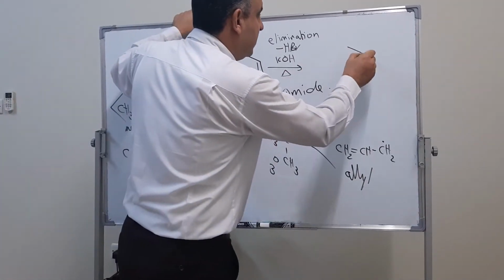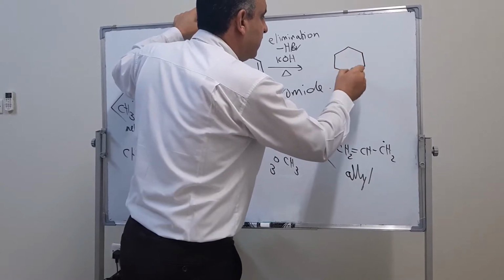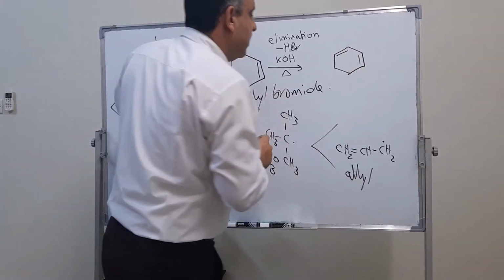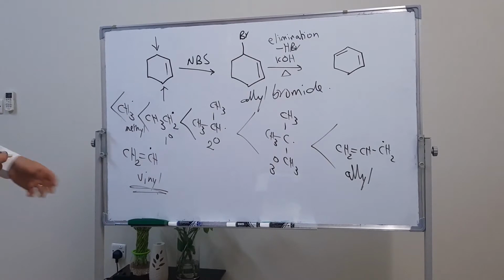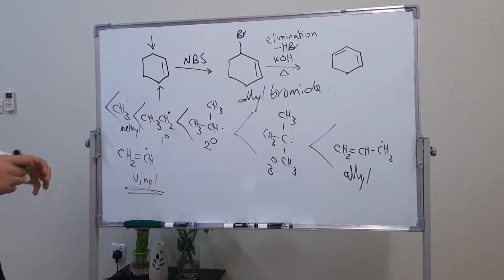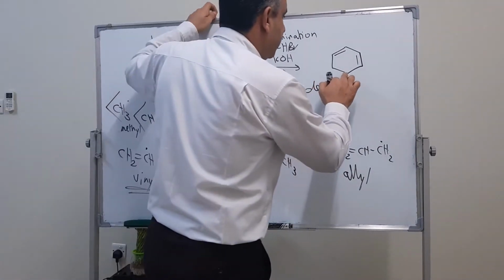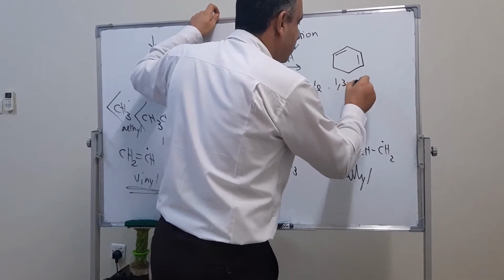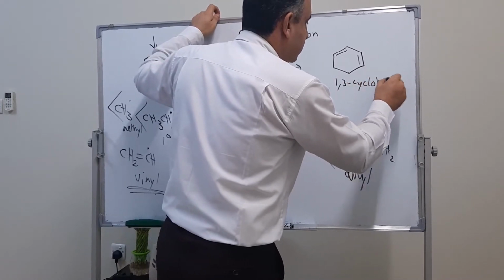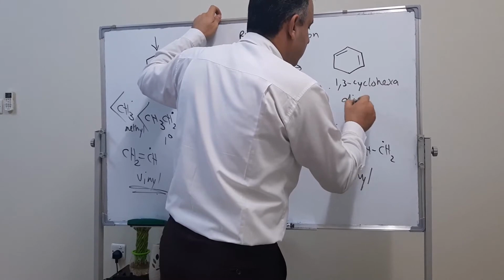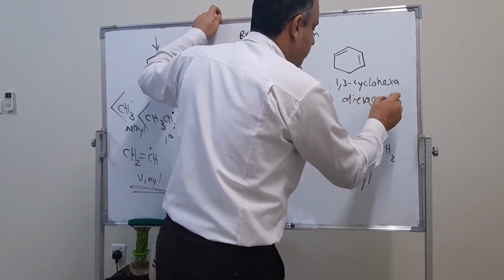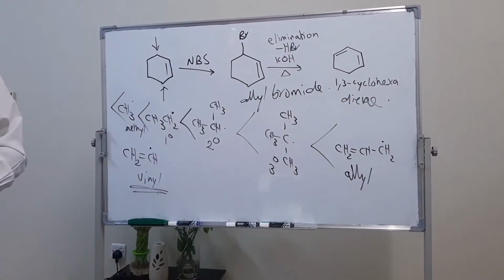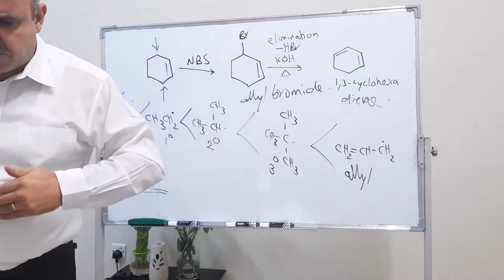So at the end of the day, we are going to get 1,3-cyclohexadiene. That's the major product.